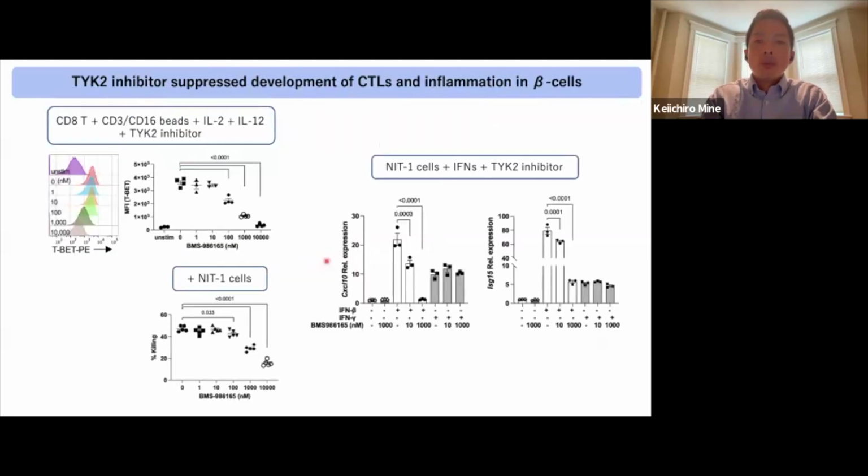Together, these results suggest that the upregulation of effector molecules after encountering target cells is impaired in TYK2 knockout CD8 T cells. Finally, to test the effect of a TYK2 inhibitor, purified CD8 T cells were stimulated ex vivo in the presence or absence of TYK2 inhibitor.